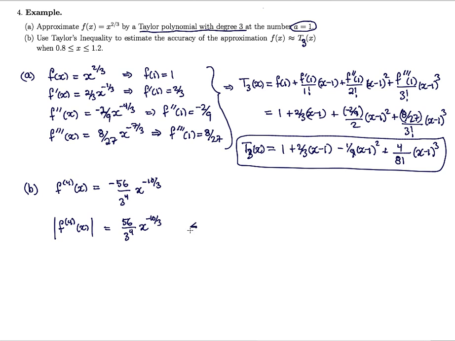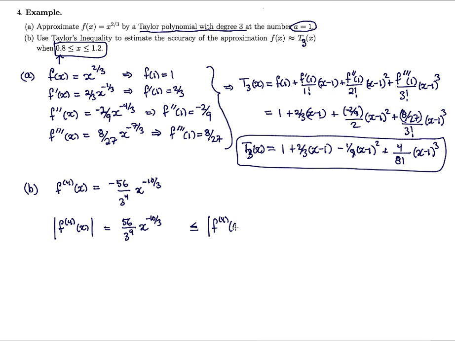Well, notice that the x has a negative exponent, so you can imagine the x as being in the denominator. So this is really a decreasing function, and so the biggest value it takes on the interval 0.8 to 1.2 will have to be the value at 0.8, because the function's decreasing.